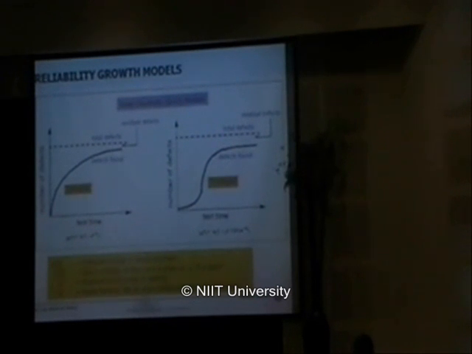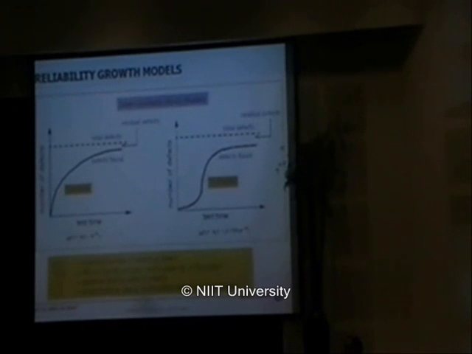Okay, so I'm going to be talking about growth models. Is anybody here familiar with this? Okay. So they're called Goel-Okumoto models, based on the two authors, Goel and Okumoto. And interestingly, Okumoto actually works in our company, and he's written the books and some classical work in this area.